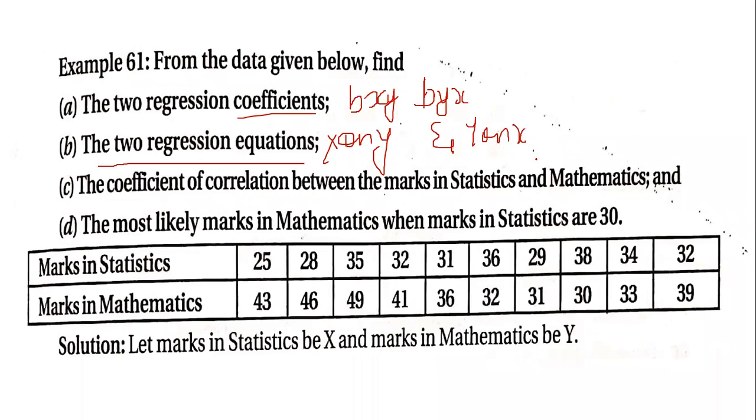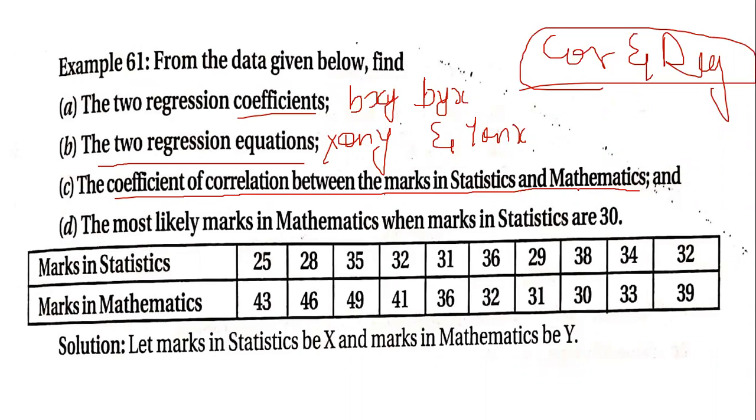Then what else do we have to find? The coefficient of correlation between the marks of stats and maths. So here we are applying both correlation as well as regression.